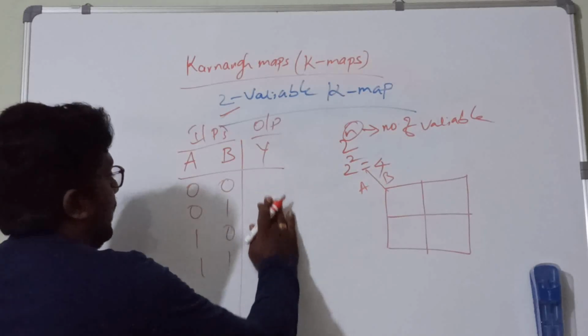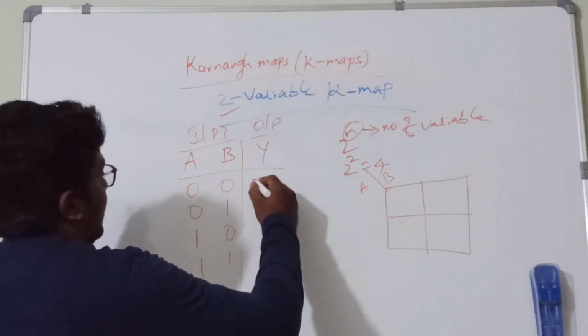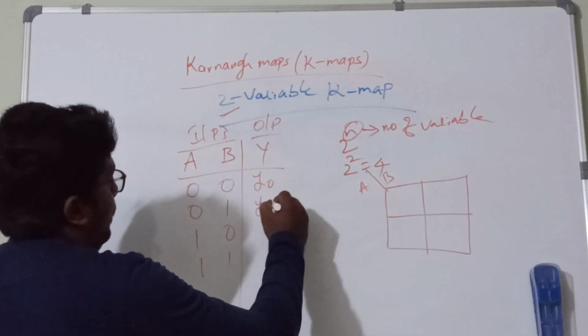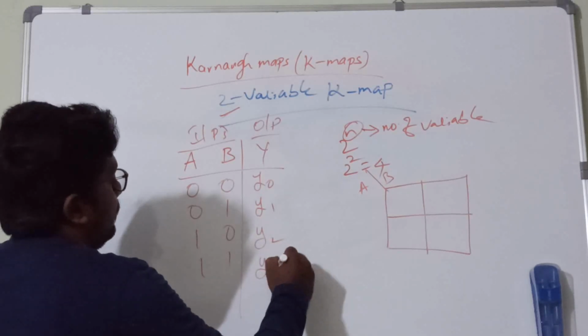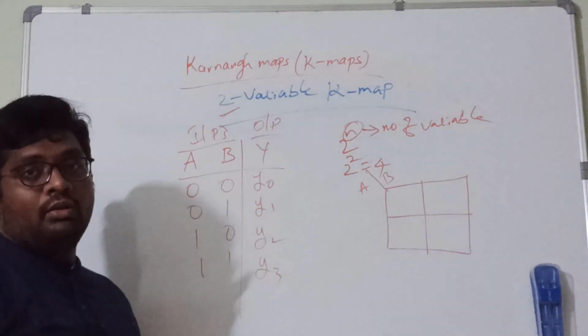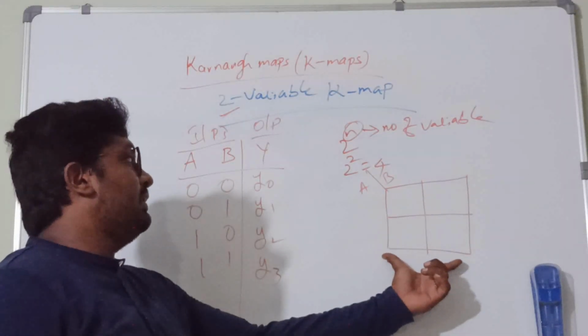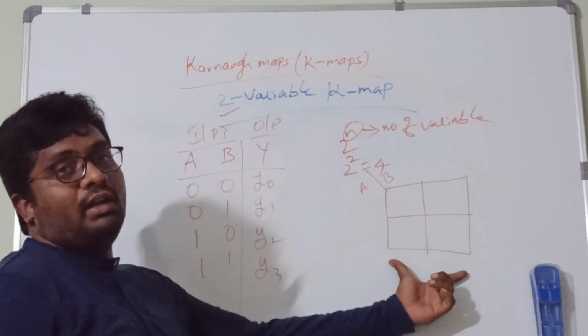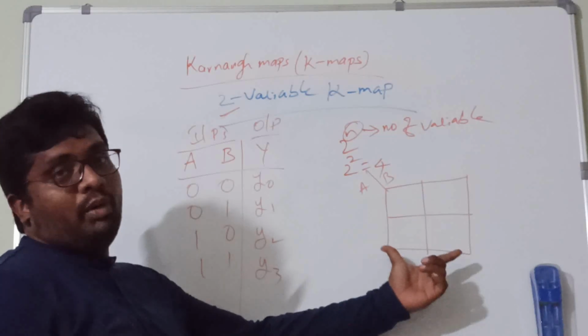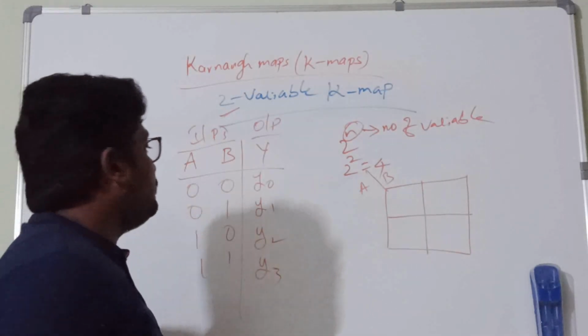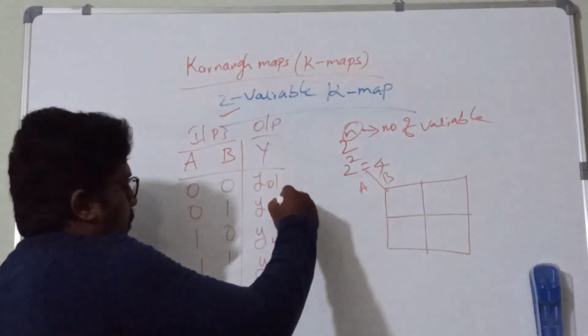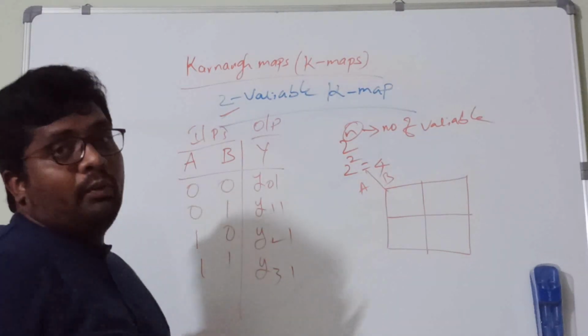The output may be anything. I am considering the output as y0, y1, y2 and y3. This is how a 2 variable K-map will be represented.